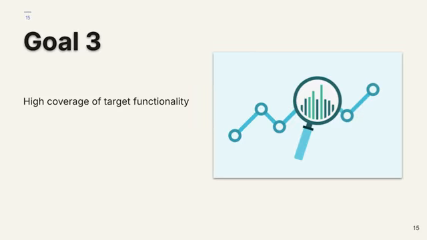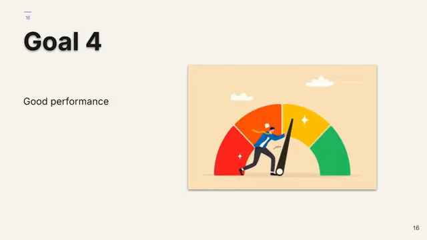Goal 3 is having high coverage of the target functionality. In order to get high coverage, you need to be successfully passing the initial input checks and have a semantically and syntactically valid input. You also need to be exploring new and unseen execution paths that your fuzzer has not been to. Goal 4 is good performance and speed.